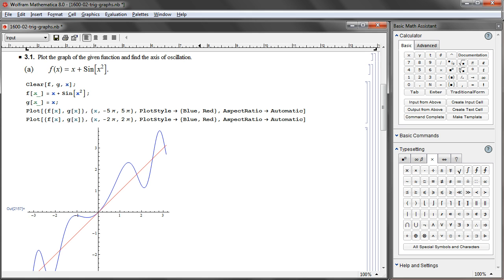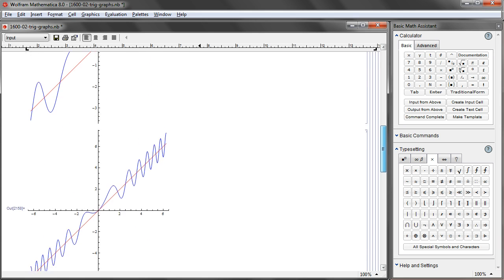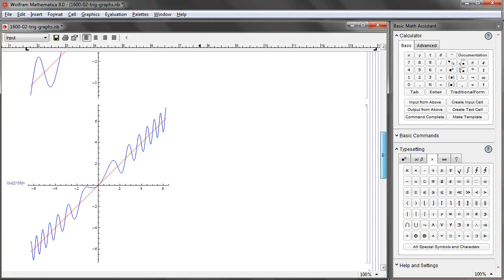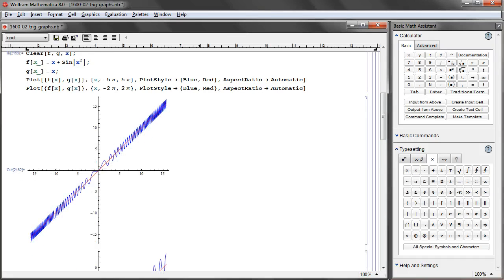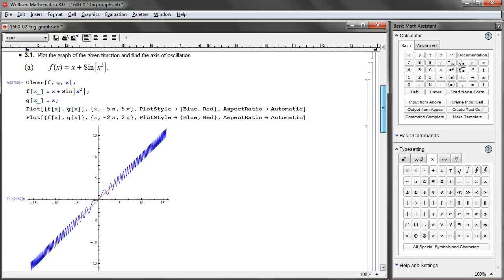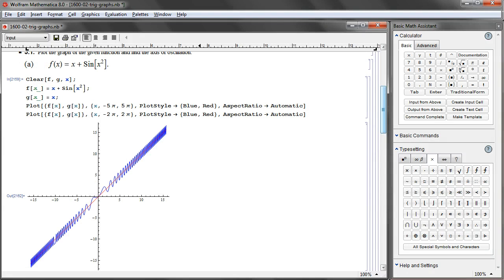And that behavior will be much more prevalent if I go over to a longer domain. What if I go from -5 pi to +5 pi? We have this kind of fluctuation, and we have an axis of oscillation, which is a line, and then we have really wild fluctuation between -1 and +1 if I go sufficiently far away.